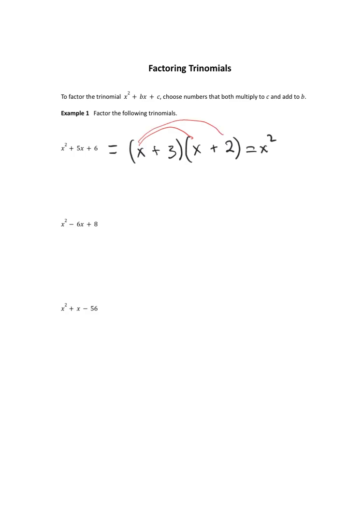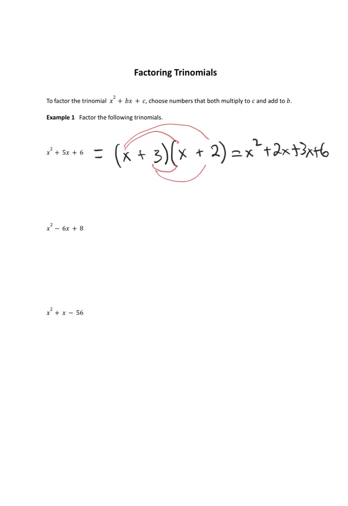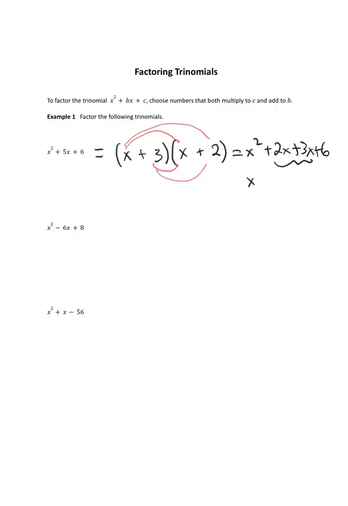Then x times 2 would be 2x. 3 times x would be plus 3x. And then finally the 3 times 2 is plus 6. However, when I combine those middle terms, I would get x squared plus 5x plus 6.